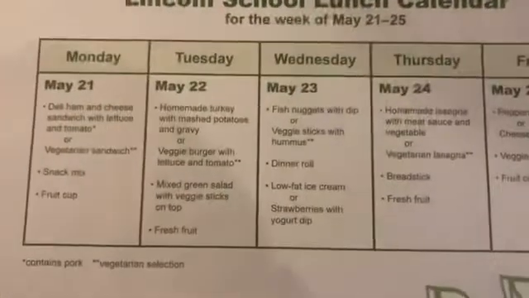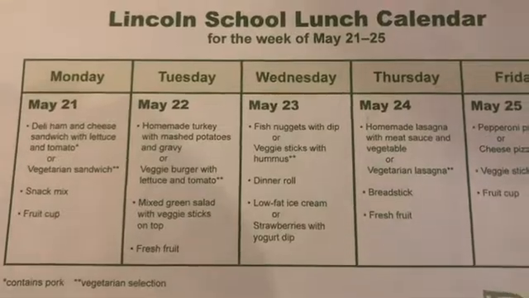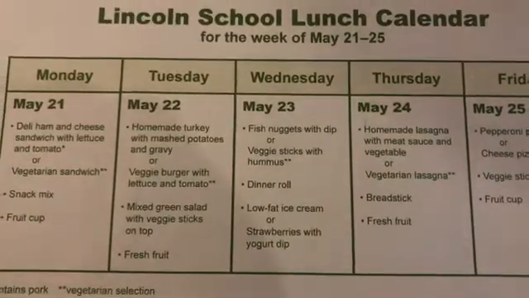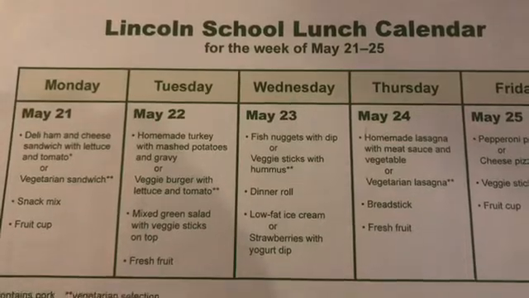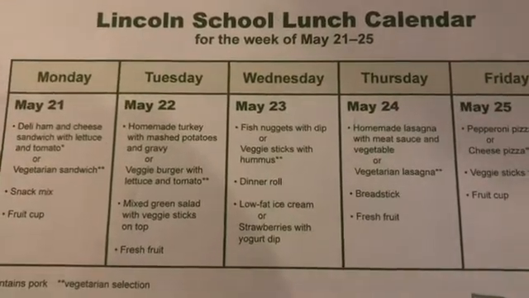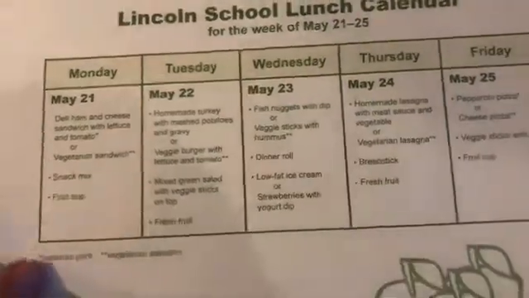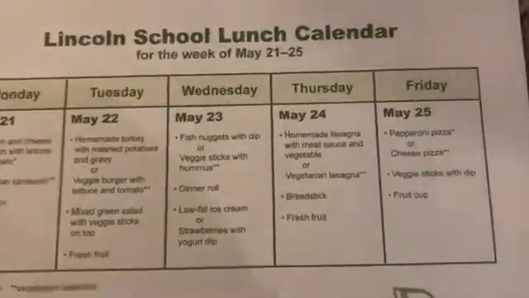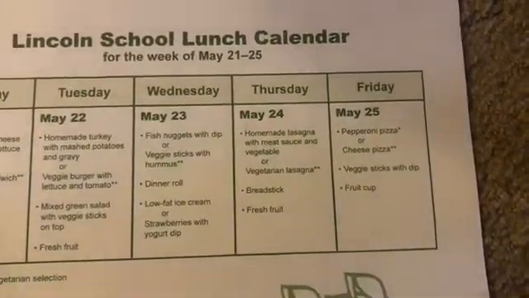The following column tells us what the students had to choose from on Wednesday, May 23rd. Fish nuggets with dip or veggie sticks with hummus. They could choose from a dinner roll, low-fat ice cream, or strawberries with yogurt dip. In the following column, we see what the students could choose from on Thursday, May 24th.